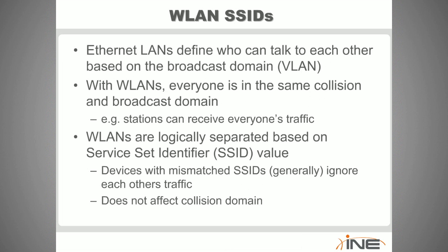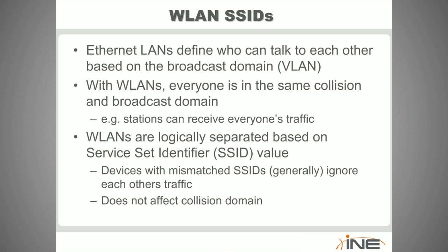Okay, next topic we have in the layer 2 header for wireless LANs is the SSID, or the Service Set Identifier. Now, in Ethernet LANs, we know the devices that we can talk to directly at layer 2 will be defined by our broadcast domain, which is essentially our VLAN. So if two hosts are in the same VLAN, they can send broadcast traffic directly between each other.